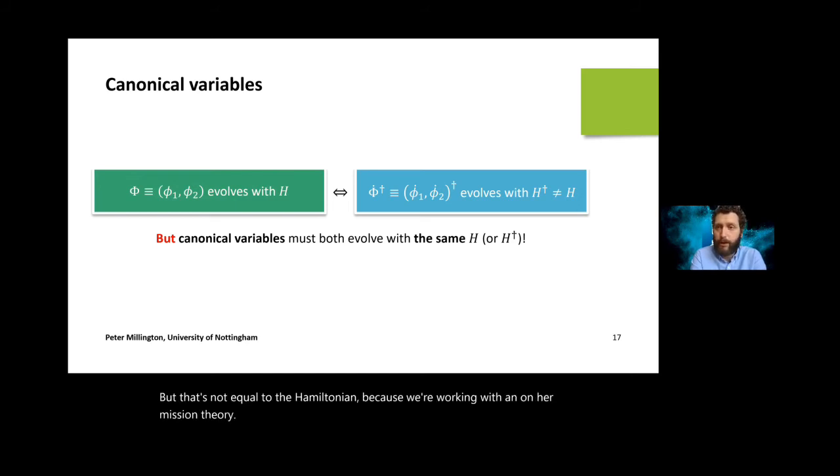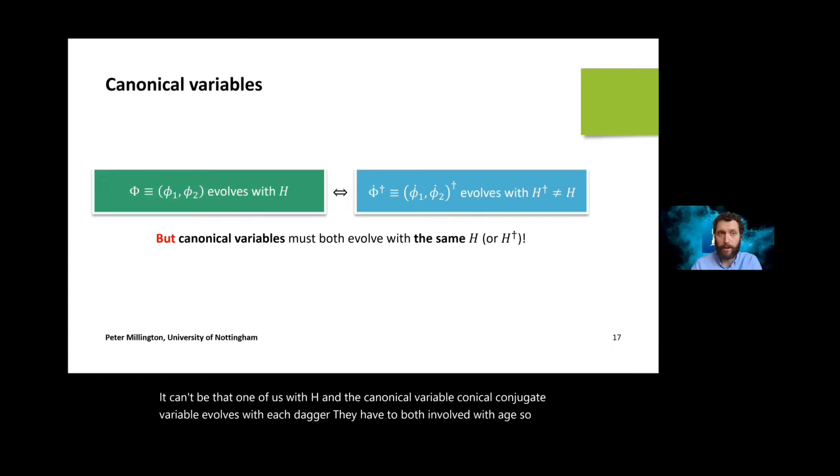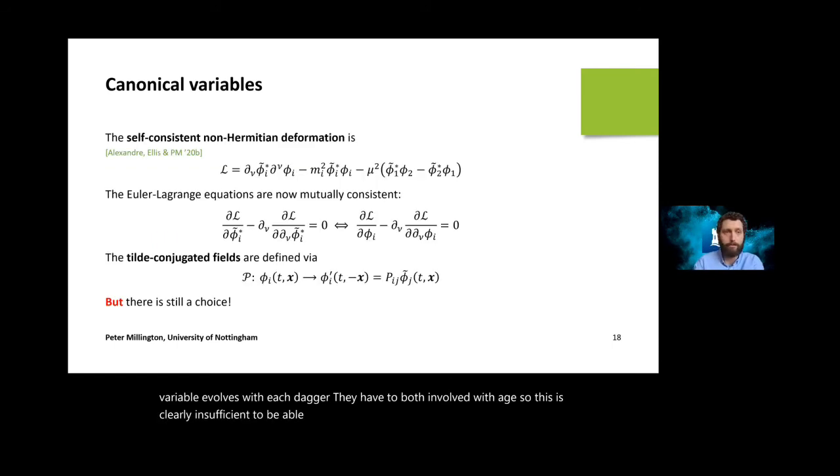If I want to construct canonically conjugate variables, they both must evolve with the same Hamiltonian. It can't be that one evolves with H and the canonical conjugate variable evolves with H dagger. They have to both evolve with H. So this is clearly insufficient to construct the canonical variables so far.